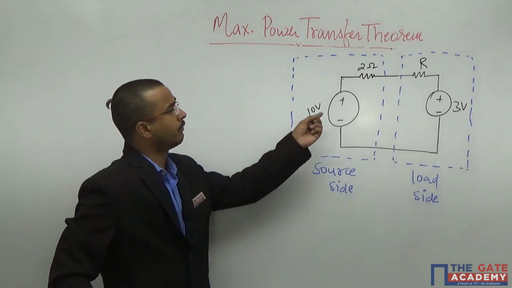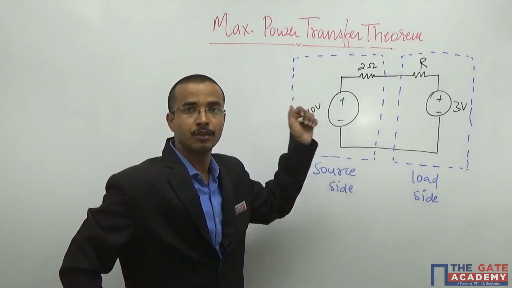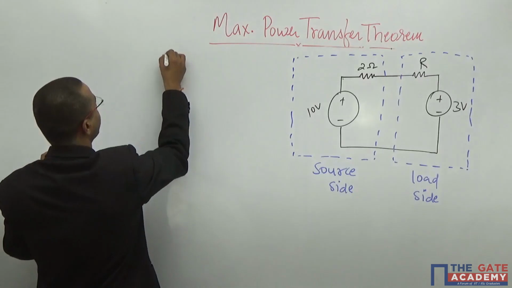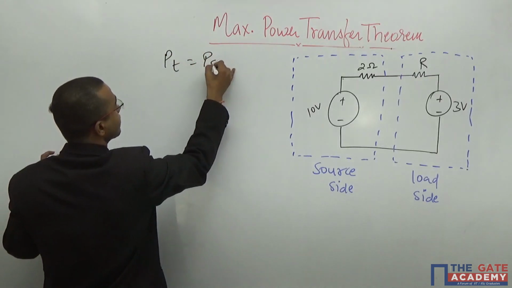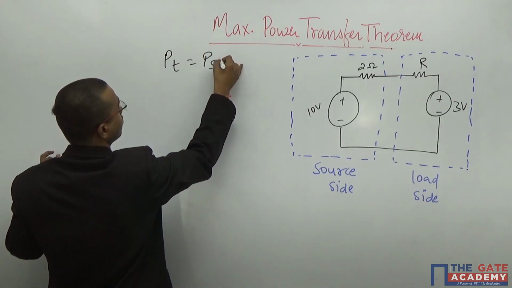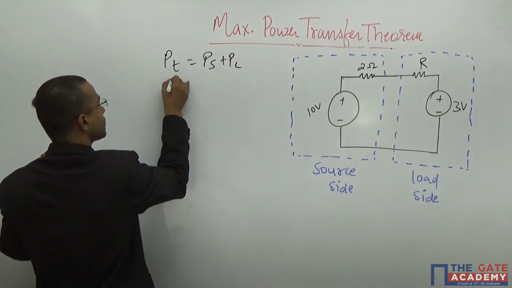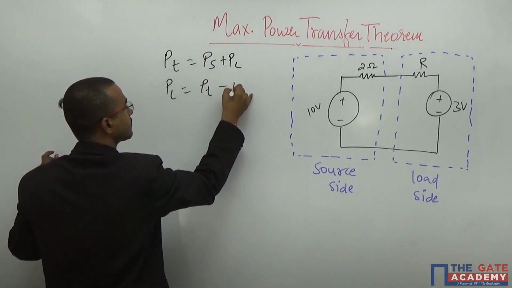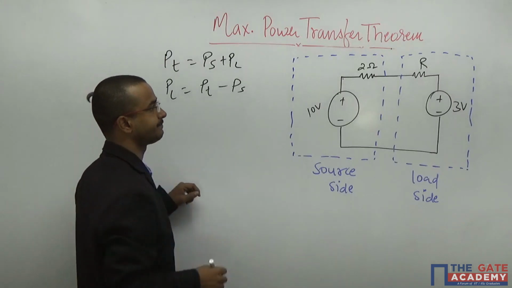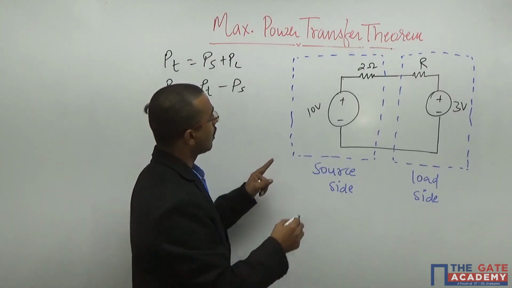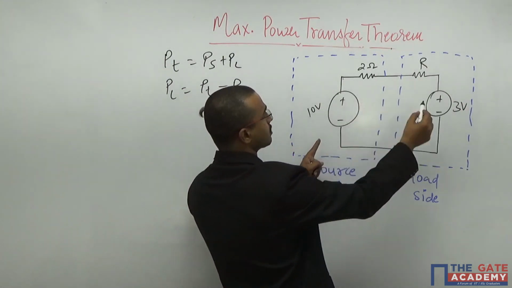And whenever you face a problem like this, you will again restrict yourself to your fundamentals. PT is equal to PS plus PL. That means PL will be PT minus PS. How to calculate the power of this source?